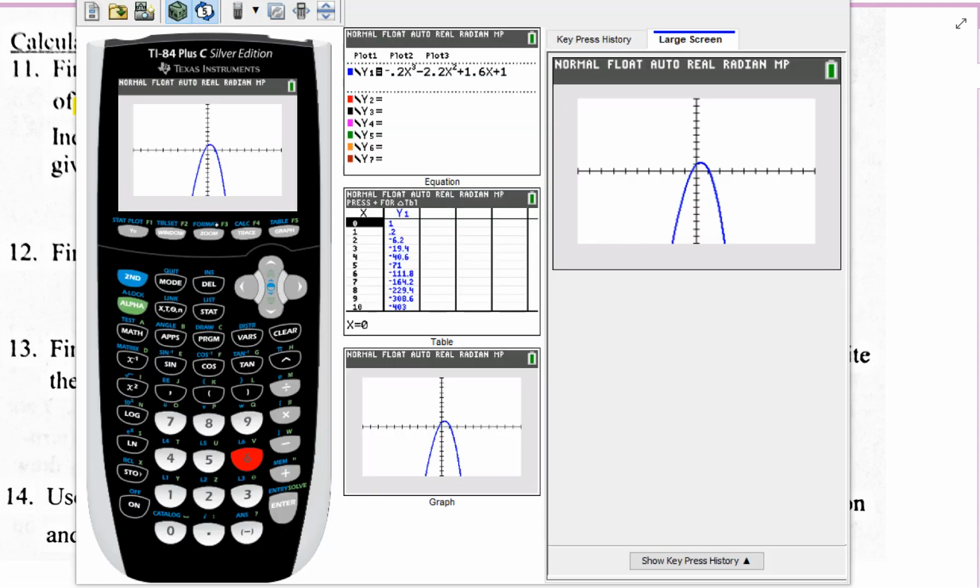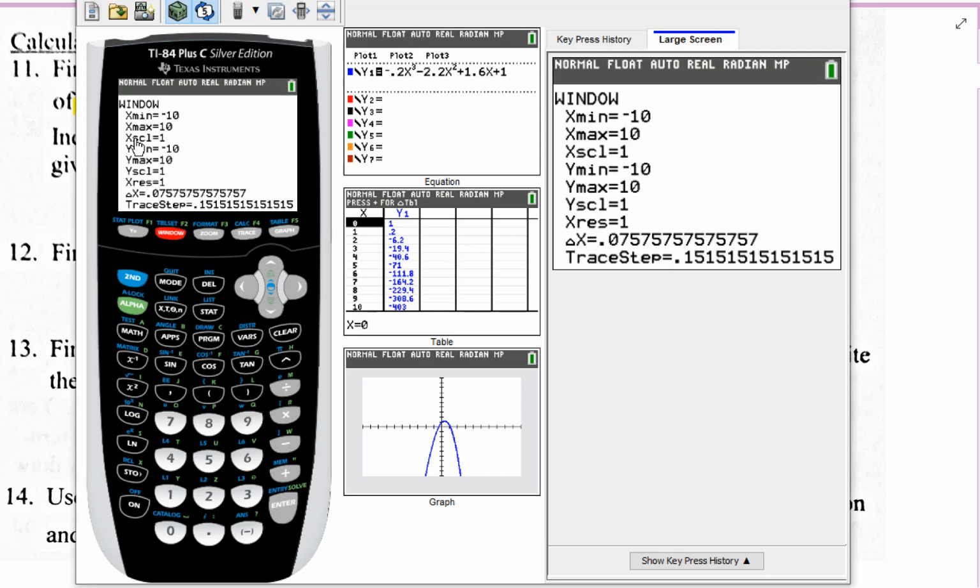To begin with a better window, I feel like we're really looking at the lower half. So I'm going to press window. For the minimum x value, I really want to expand the x-axis because I'm only getting some part of it.